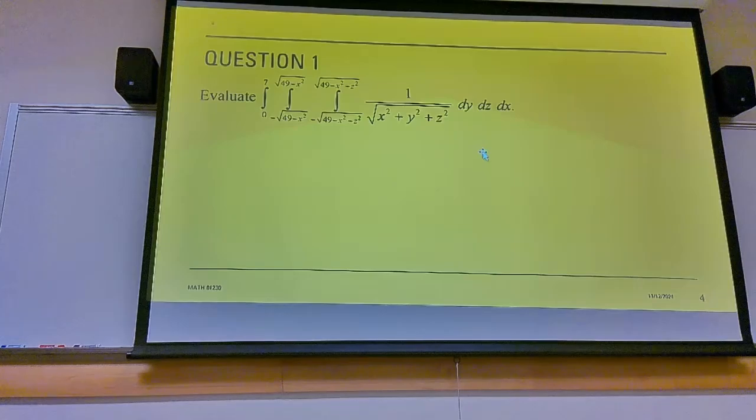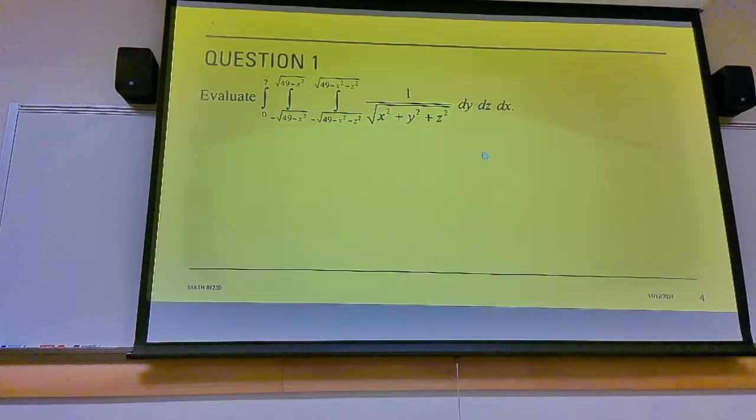So we're going to evaluate this iterated integral. Now bear in mind, in rectangular, that's not possible. So we have to convert this.